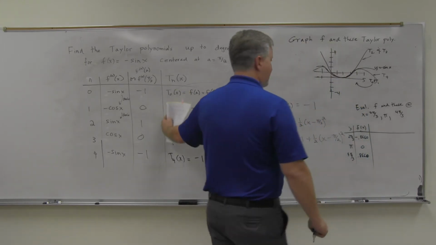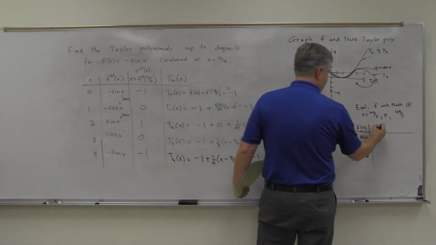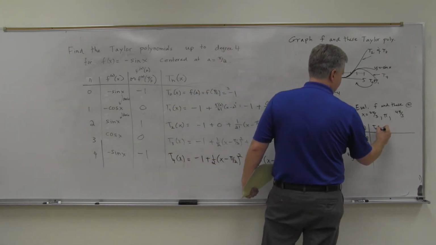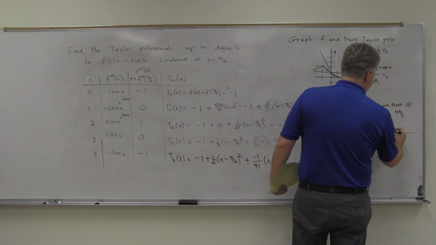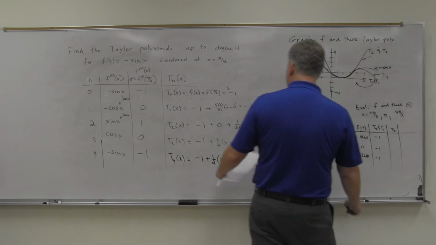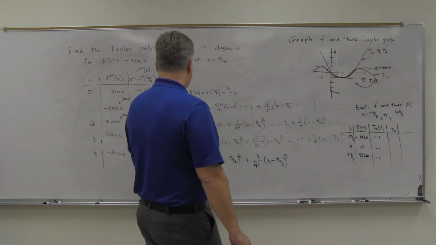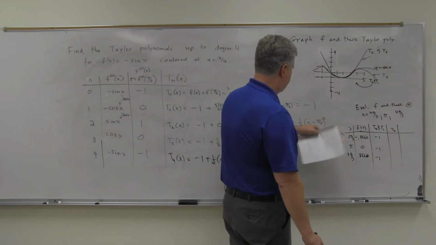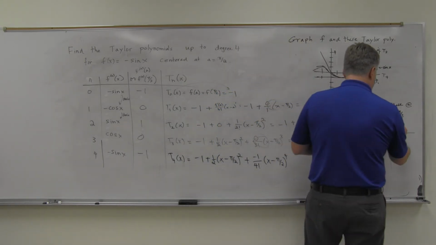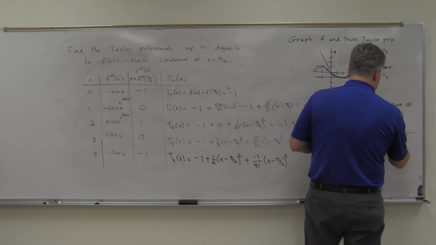Now, T0 and T1 are easy to evaluate at these because they're always -1. So they're not going to match really well. All right, so T2 at those, so if I plug in x to be 2 pi over 3, so 2 pi over 3 minus pi over 2, I get, oh, this is T2 and T3.